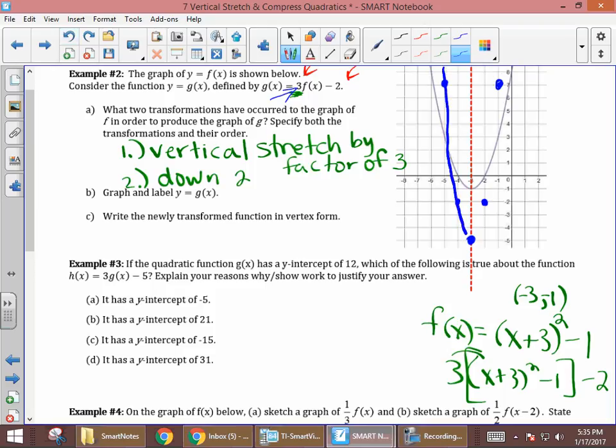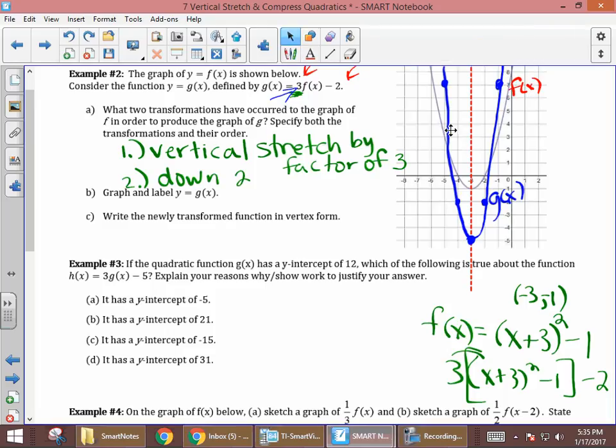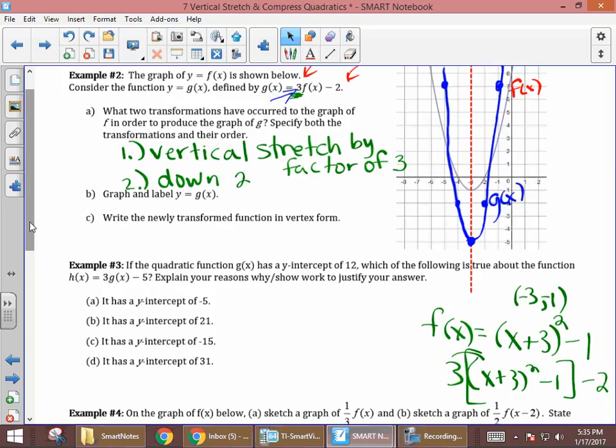So the graph looks like that. Graph and label g of x. I graphed it. Now I labeled it. f of x was this original one that was graphed for us. All right, write the newly transformed function in vertex form. Well, that's what we did at the beginning as well.